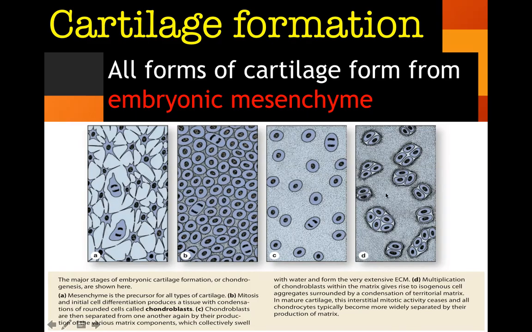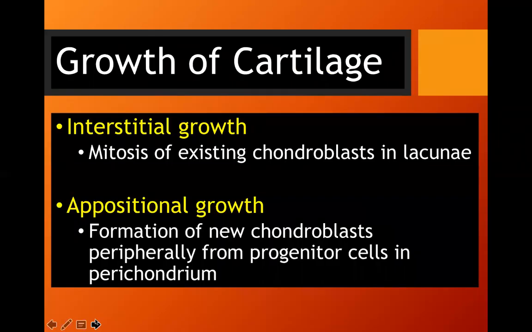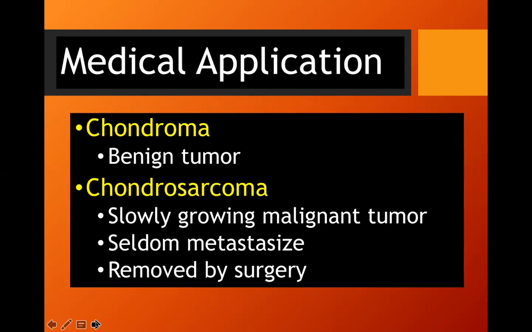They are arranged in isogenous groups, some singly. So from the mesenchymal cell to chondroblast to chondrocyte, and forming an isogenous group, that is the formation of your cartilage cells. There are two types of growth: the interstitial and the appositional. Just read on that.